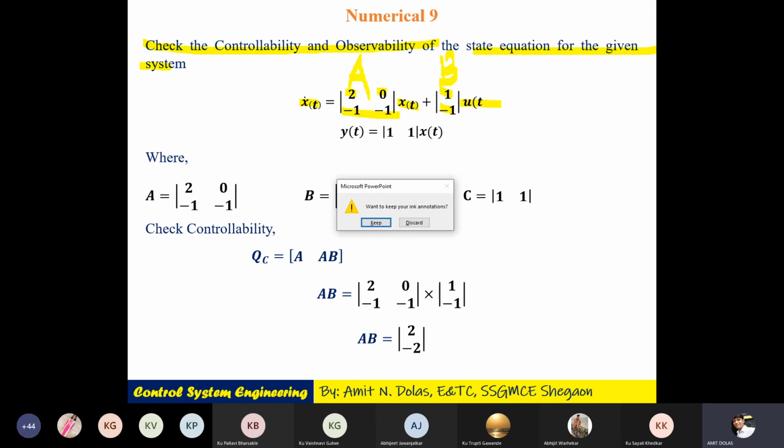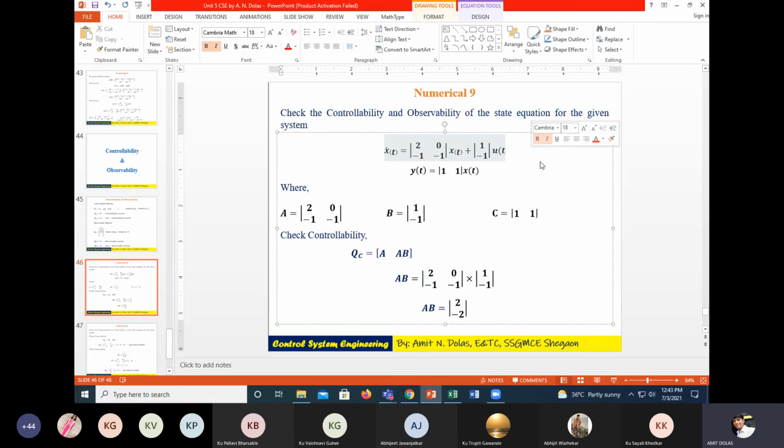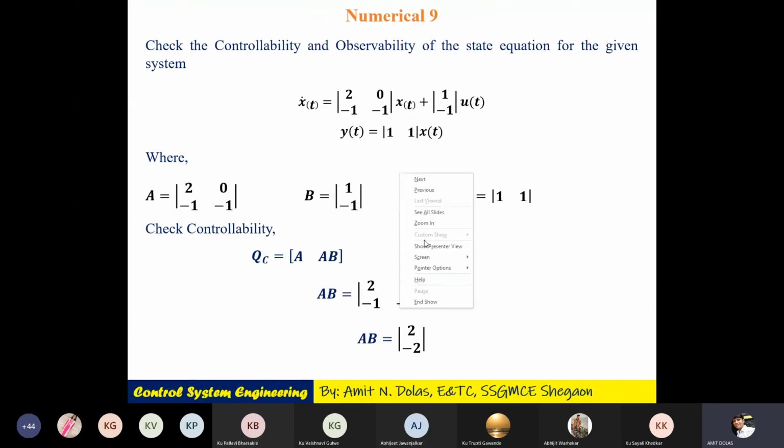This is B. And what is y of t? Y of t is 1 1 x of t. This is nothing but C. For better understanding, I'll write here. This is matrix A, which is called the system matrix. This is the input vector matrix, and this is the output matrix.